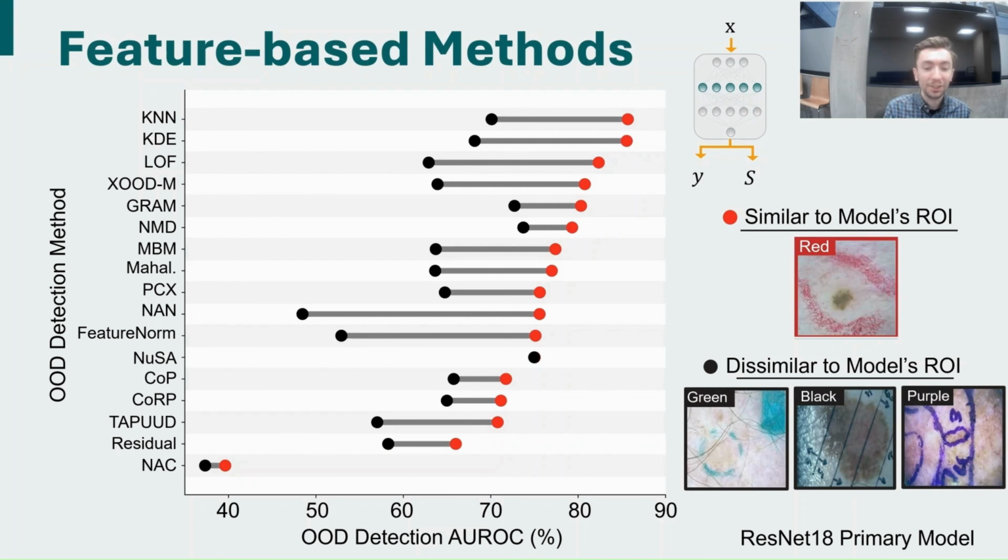What we see is large drops in the AUC between similar and dissimilar artifacts across the 17 methods, but by different amounts. So, for example, NAN-Norm in the middle has a huge drop, over 20%, whereas other methods are dropping much less. For example, NuSA, as we can see, drops much less.